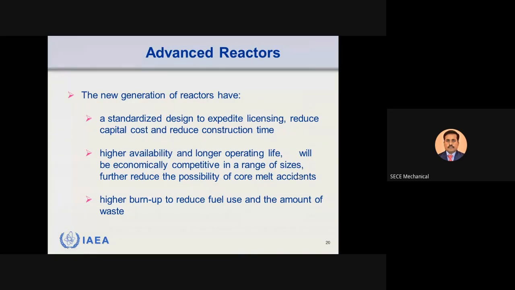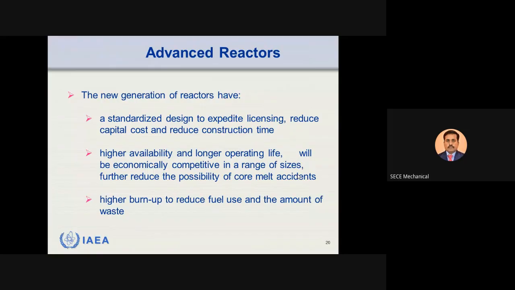The second very important point is a higher burn-up time to reduce fuel usage and the amount of waste. By using this type of reactor, the material used in the reactor is completely burned, and a high amount of energy can be liberated with the help of this reactor. All those points are important in advanced reactors.